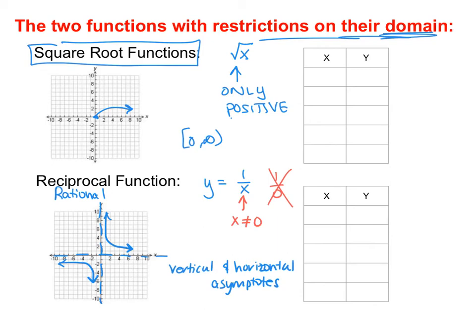But the domain would be all real numbers except for 0, because the function is never going to cross or touch this line. That's what a vertical asymptote is. The function gets really, really close to it right here and down here, and also over here and down here, but it never crosses or touches. Again, we'll talk more about that later, and you won't have to graph any of those right now.